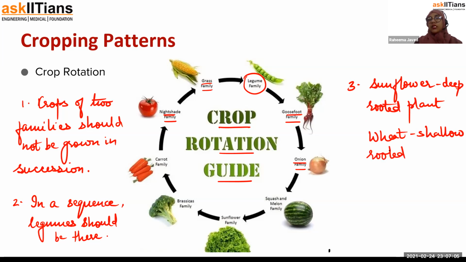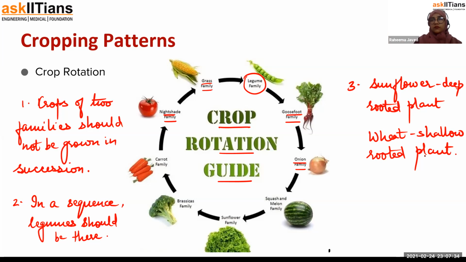Now, the deep rooted plants should be followed by the shallow rooted plants. Now, this all depends upon balancing the water requirement and the mineral requirement of the soil, so that we are not depleting the soil of a particular nutrient, or we are not depleting the soil of water at the same time.